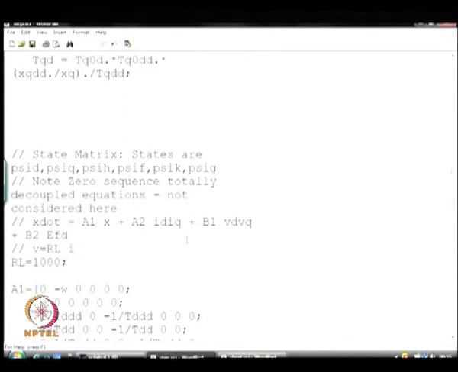So, I have written down of course, the state equations. Note that the states are these. 0 sequence is totally decoupled. So, it is not considered here. In case it is not visible, I can increase the font. We will do that.